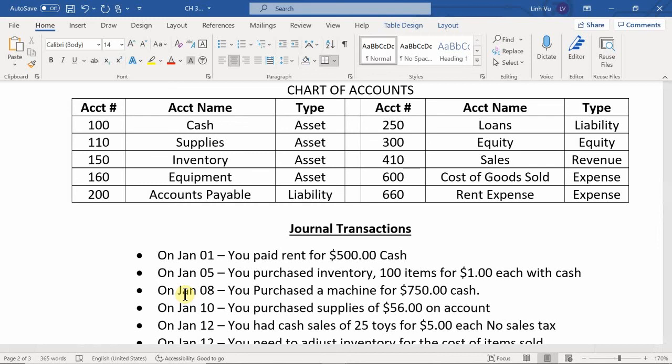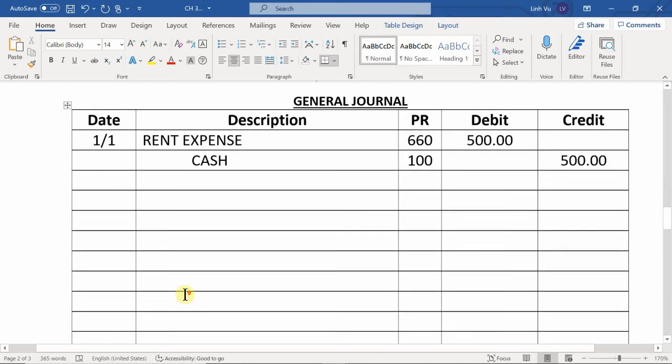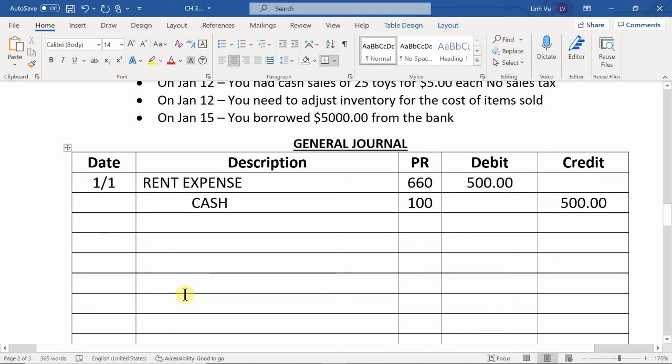In this case, like I mentioned earlier, I'm not going to have you practice that part. We're just going to practice understanding what accounts go where. We'll practice that later on.